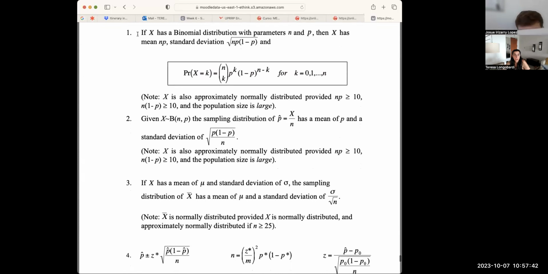It starts with module 8. If X has a binomial distribution with parameters n and p, then X has a mean np and a standard deviation square root of np(1 minus p). So it's right there.